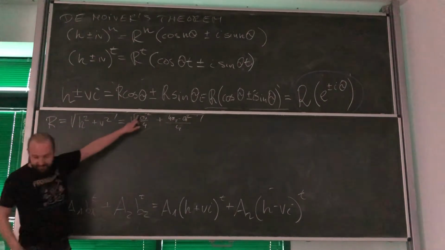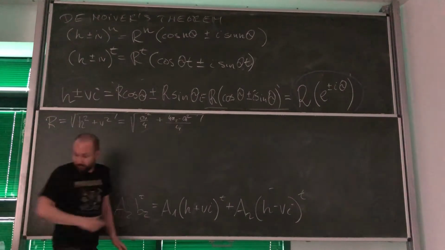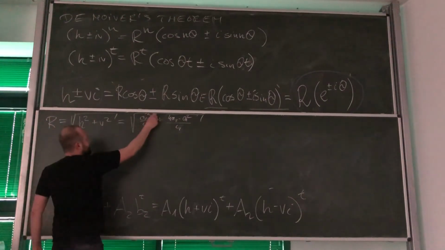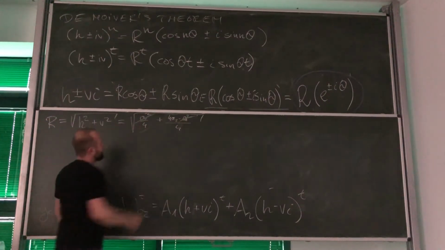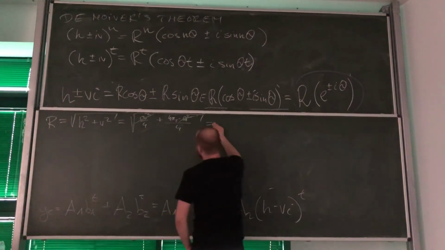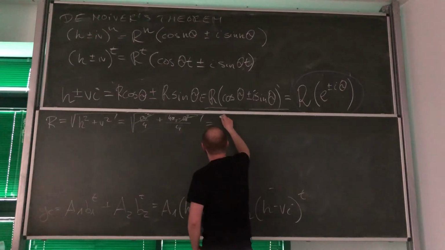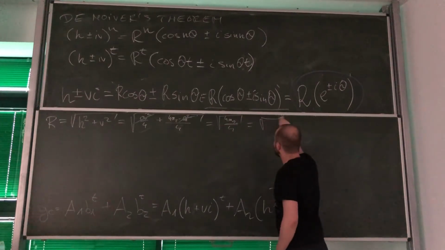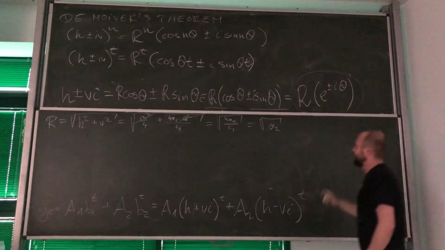Now, you can easily see that those two expressions are canceling each other out. All we have left is 4a2 over 4, or simply square root of a2.